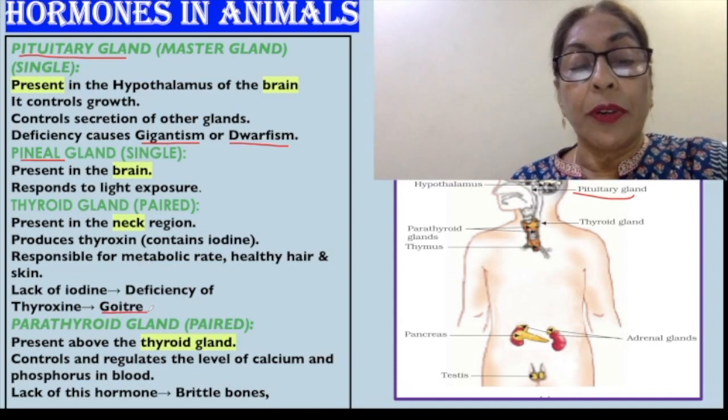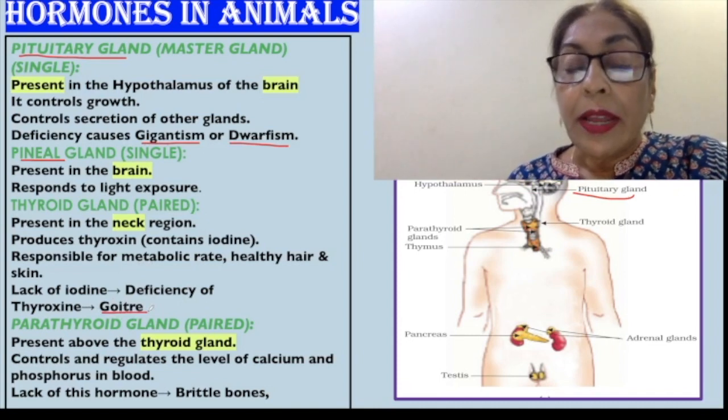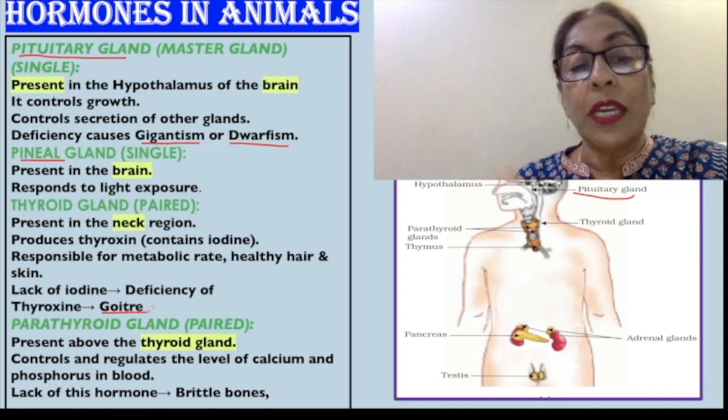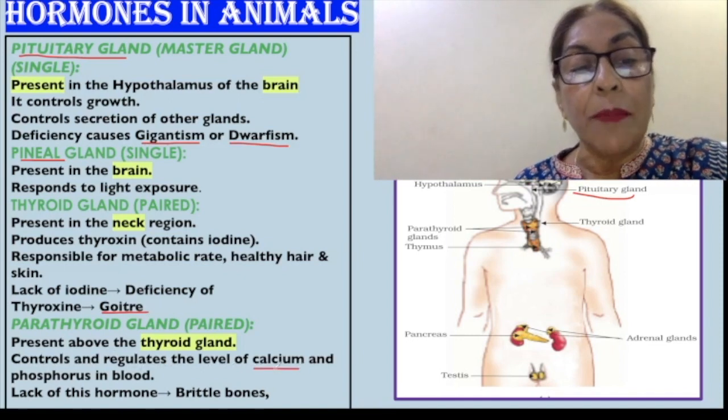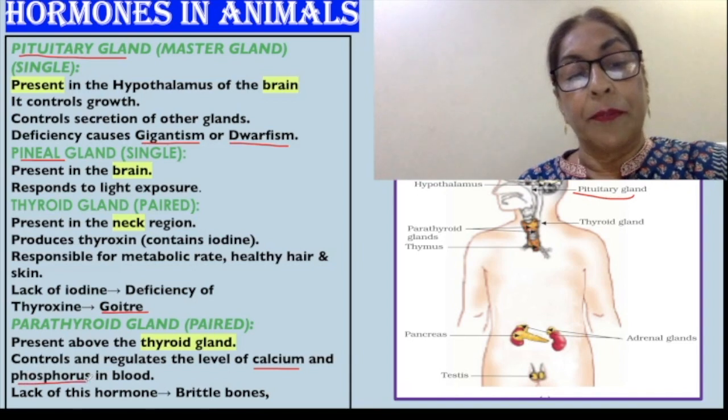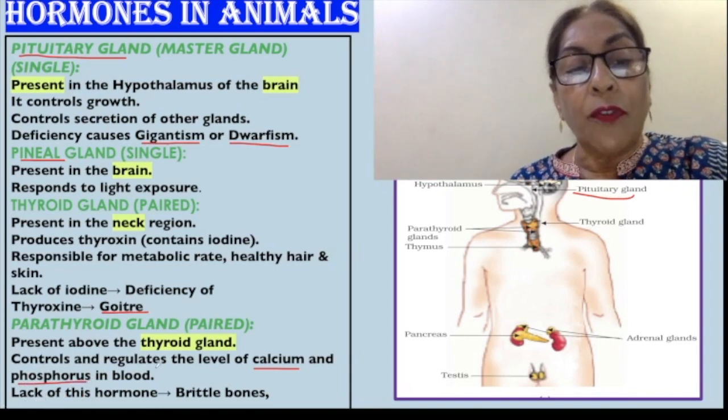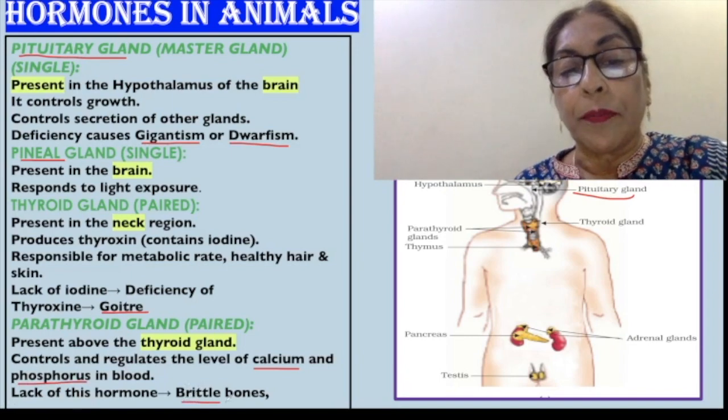Parathyroid glands are also paired. These are found just above the thyroid gland. It controls and regulates the level of calcium and phosphorus in our blood. So lack of this hormone causes brittle bones.